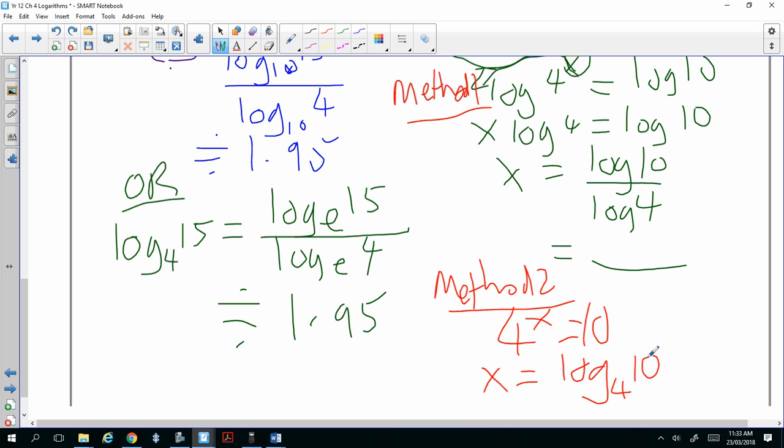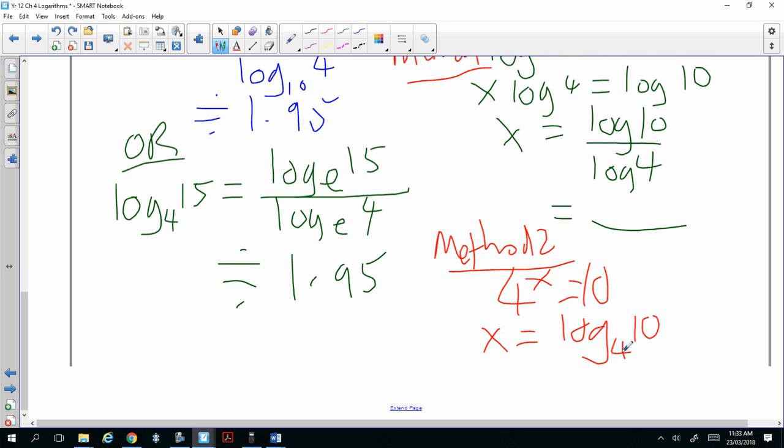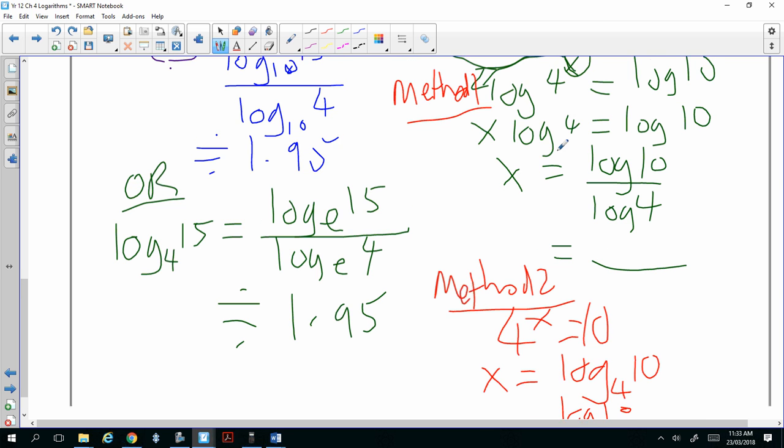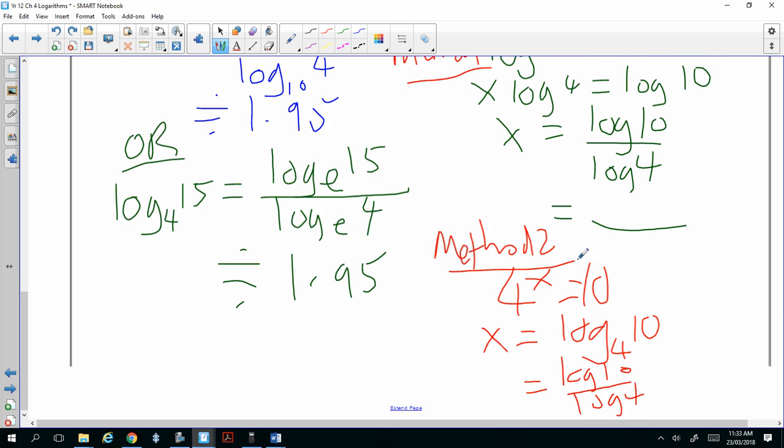So you can do it this way, without logging both sides. See, this way you have to log both sides. This one you don't have to log both sides. Writing in log form, and then change the base.